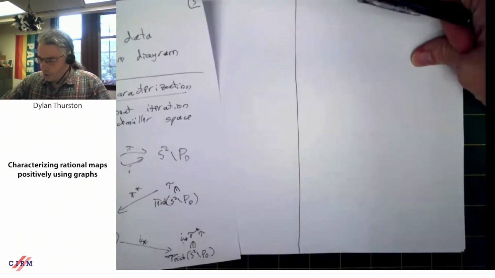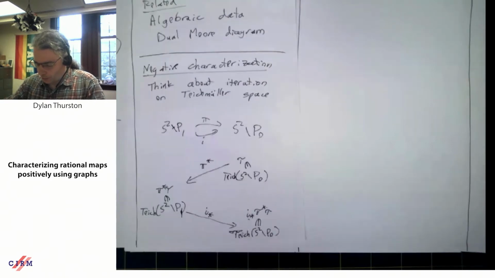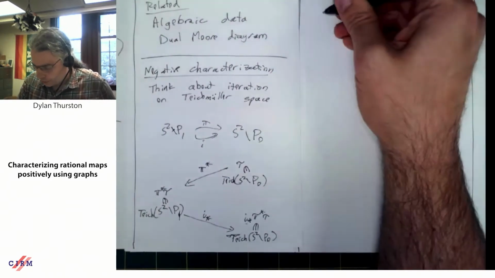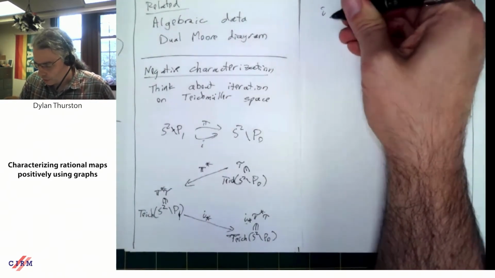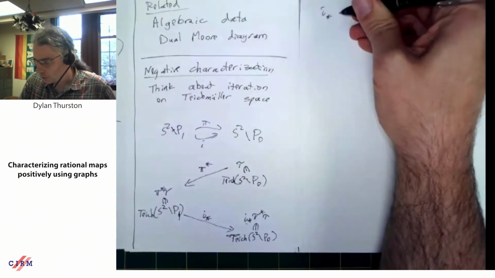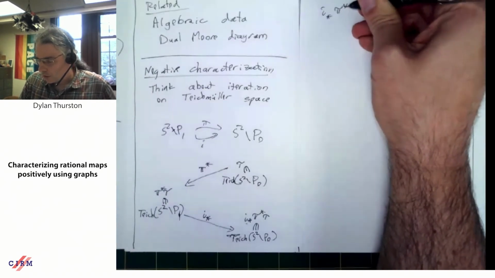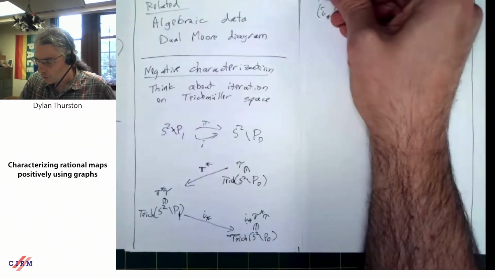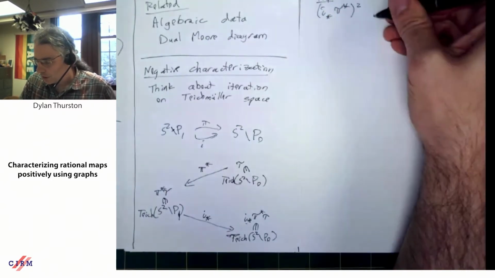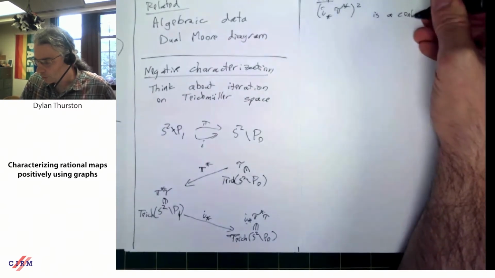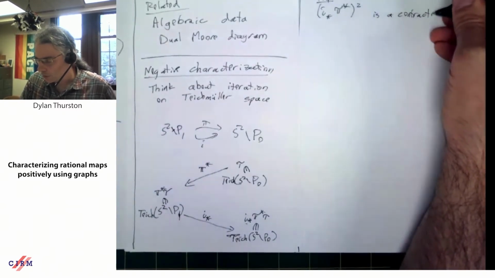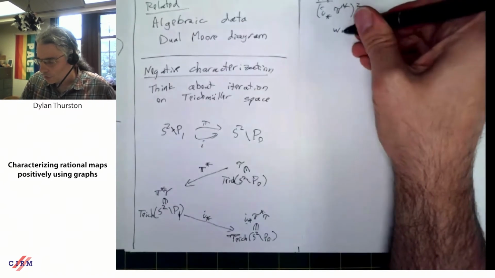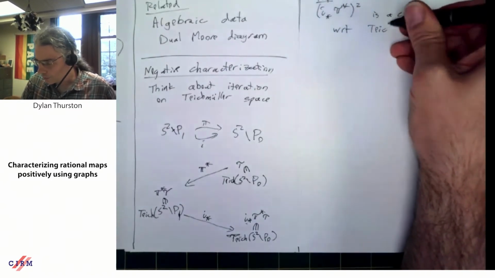And then a little bit of analysis, this is not the hard part of the theorem, is that it's basically a contraction. Not that function itself, but if you square it, that function is a contraction. This pullback map is a contraction with respect to the Teichmuller metric.